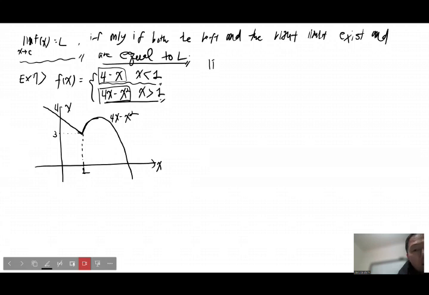The limit of function f(x) as x goes to 1 from minus infinity is the limit as x goes to 1 minus of 4 minus x. That is the same as 4 minus 1, which is 3.